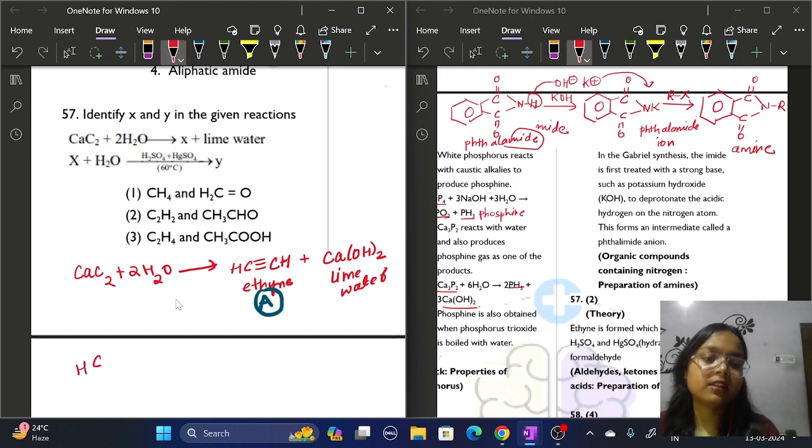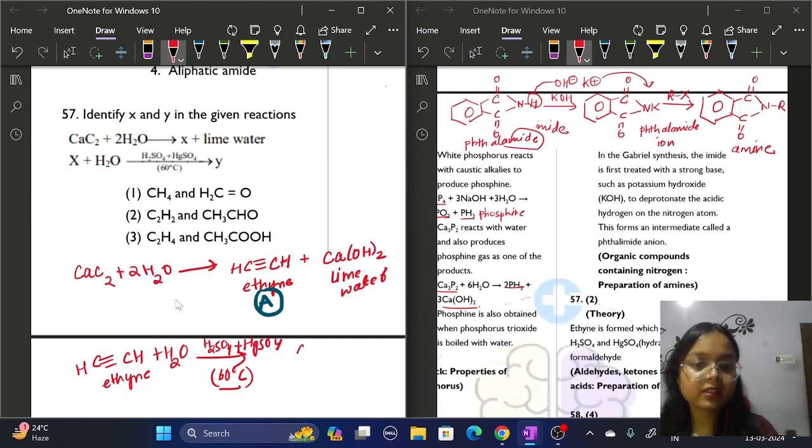So again, when ethyne is reacted with water in the presence of H2SO4 plus HgSO4 at 60 degrees Celsius, okay, this is given in the reaction, what will it form? It will form CH3CHO.